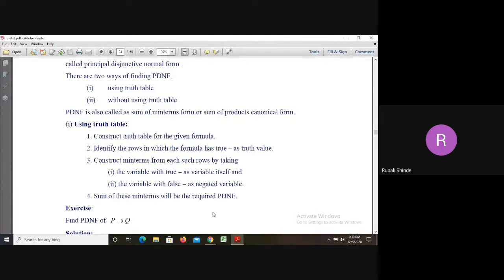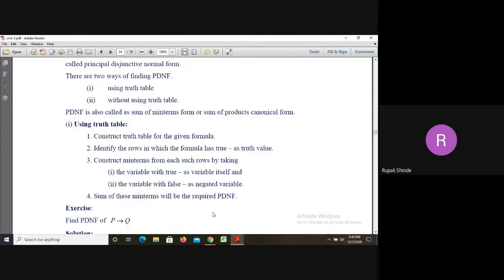Now write PCNF for this same example. For PCNF, which value do we have to consider?